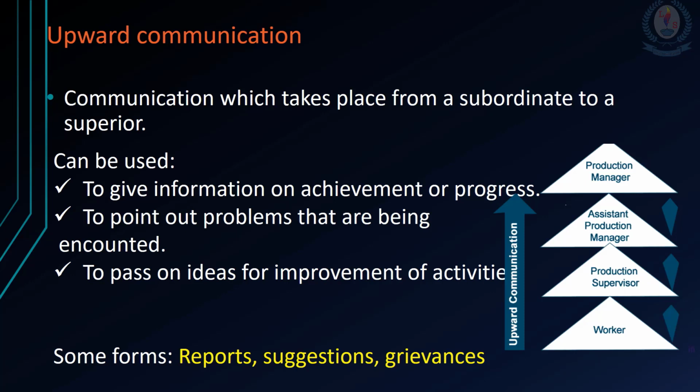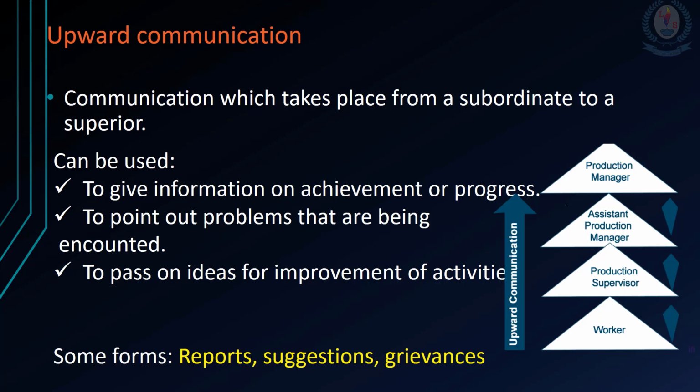Here the bottom level worker is there, then the production supervisor, then the assistant production manager, then the production manager. So the production manager represents the upper level management, and the worker is at the bottom. So the communication happens in an upward way, from bottom to top.